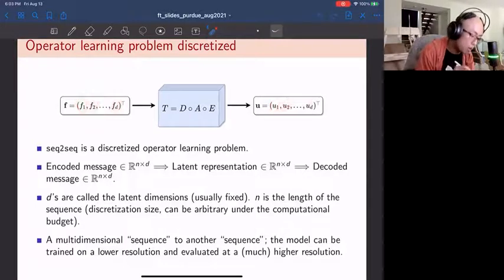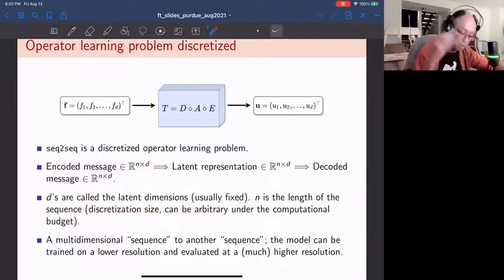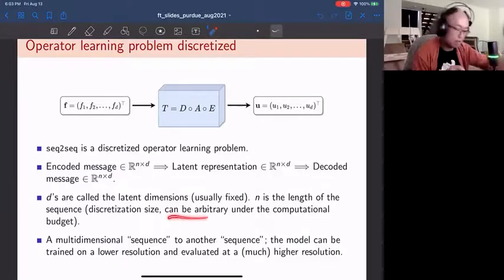We want to construct a map between them. n can be very big, like 100,000, but d is fixed. d is called the dimension of the latent representations, and n is the sequence length. Of course, it's related to our discretization, and if we can afford it, we can make it very big.